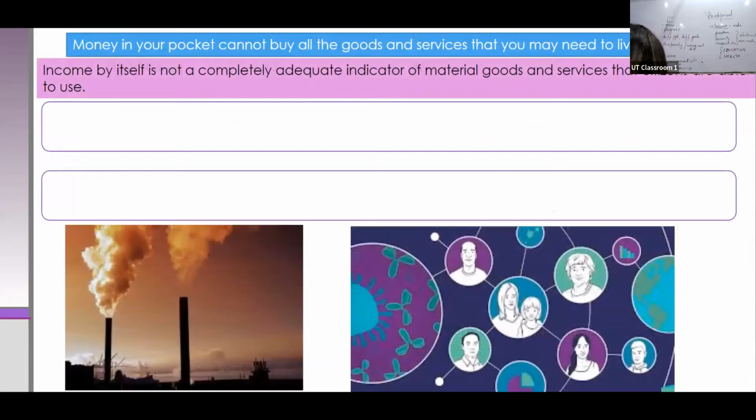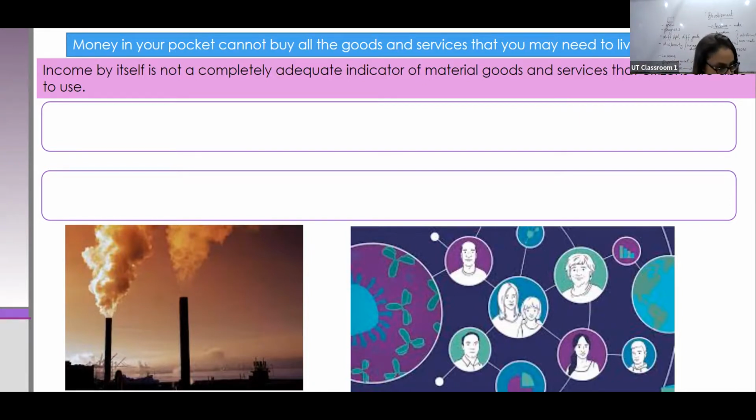Now we come to public facilities. Money in your pocket cannot buy all the goods and services that you may need to live well. What does this mean? What does this relate to public facilities?